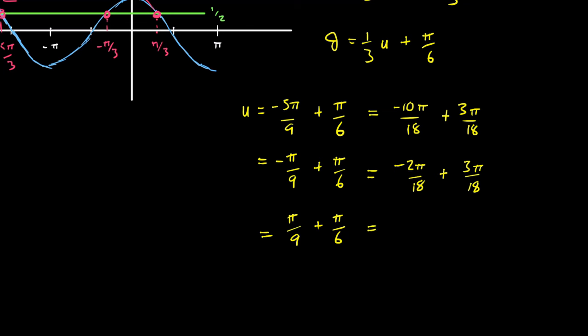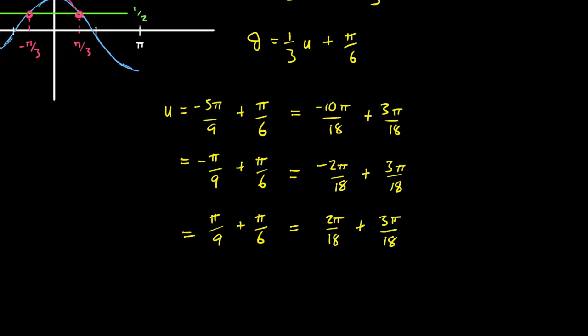And same with this guy, 2 pi upon 18 plus 3 pi upon 18. And now my final answers will be negative 7 pi upon 18, this one will be pi upon 18, and this guy will be 5 pi upon 18.